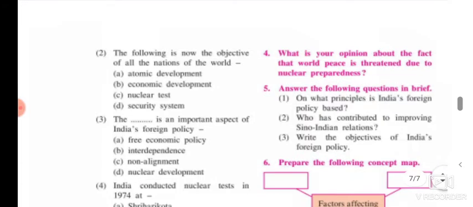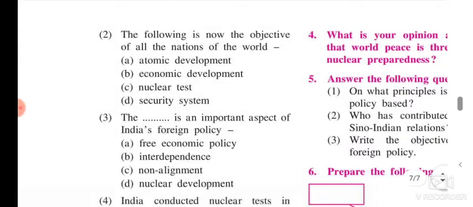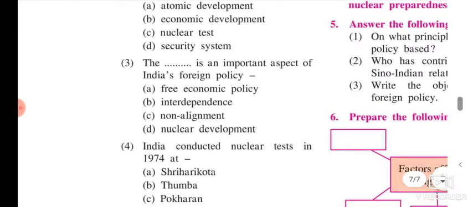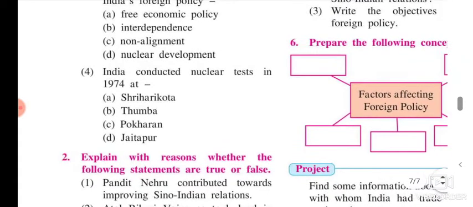The following is now the objective of all nations in the world: atomic development, economic development, and nuclear test security system. Third question. Dash is an important aspect of India's foreign policy. Free economic policy, interdependence, non-alignment, nuclear development. 4. India conducted nuclear tests in 1974 at Sriharikota, Tumba, Pokhara, Jaitapur.